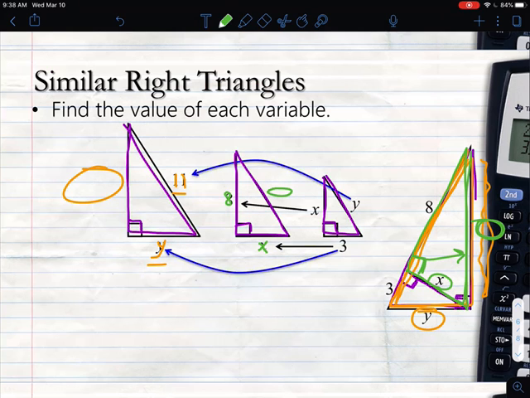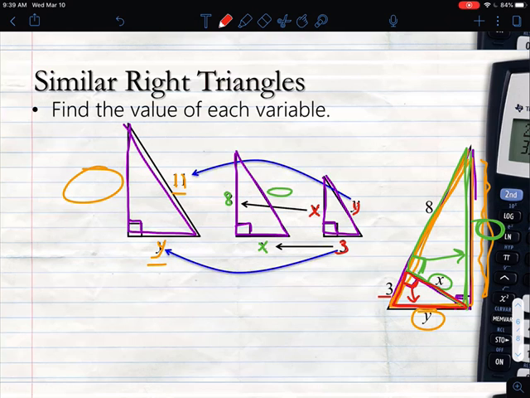As we go to the small triangle, I'll highlight that in red. If I look at my small triangle right here, I notice that my small side is 3, so that's why I put that as my small side here. The long side would be x, so that's why I put that there. And then my hypotenuse is y. So the first step is just going to be able to separate the 3 triangles and label them appropriately.